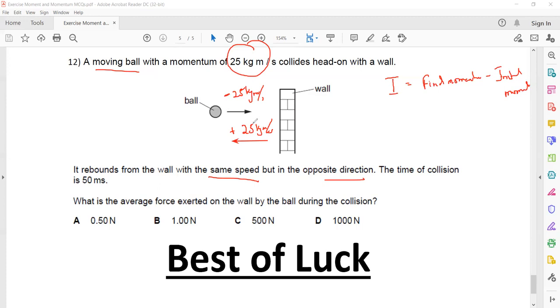The final momentum is 25, minus, this is the minus from the formula, and the initial momentum is minus 25. So when we solve, minus minus will be plus. So it will be 25 plus 25, that's equal to 50.